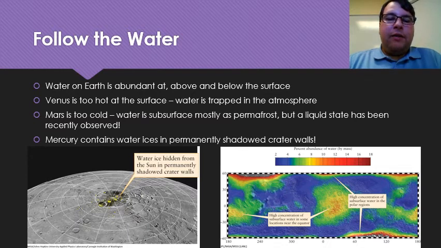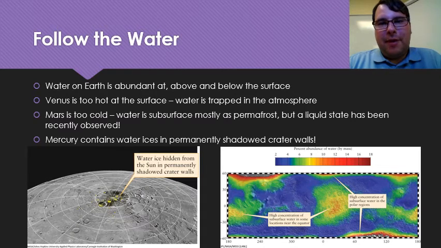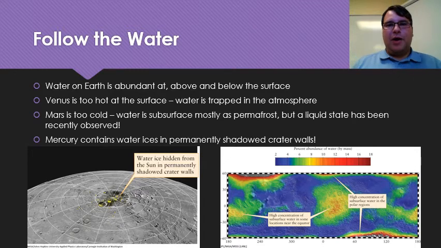Now, Venus is far too hot to actually have water at its surface. Venus will trap its water within the atmosphere, and that water will actually serve to trap even more heat down at the surface level. So it's like a constant vicious cycle, if you will, where the water is trapping the heat.